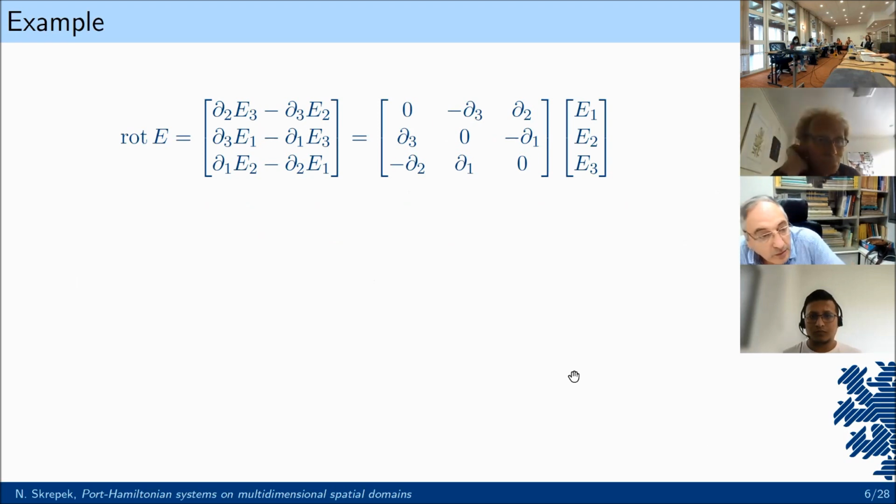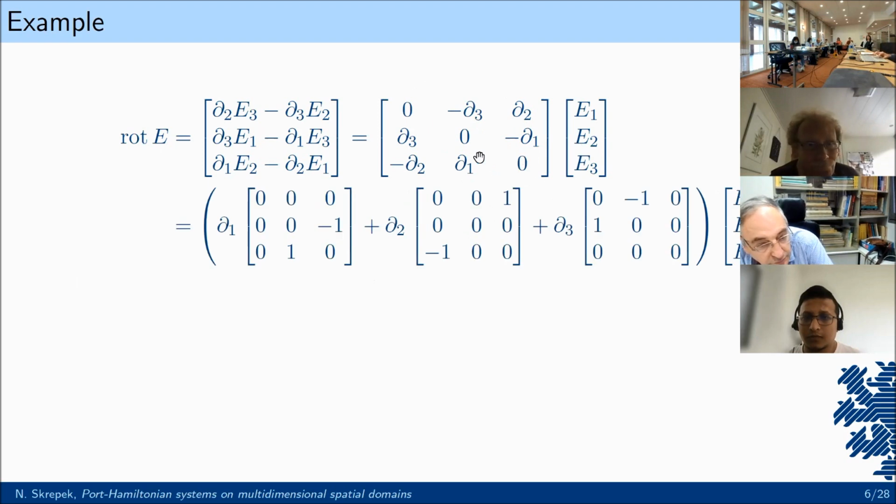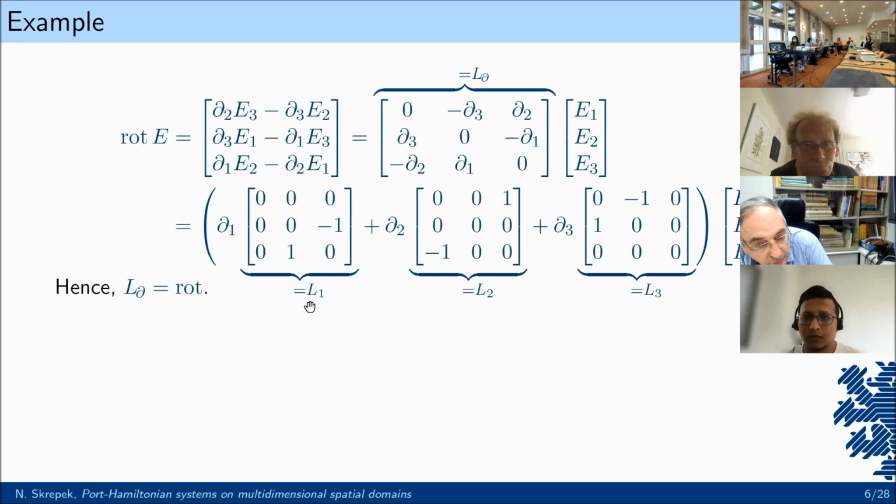It's not only from a mathematical view interesting to play with this class of differential equations, there are also relevant physical examples. If we take, for example, the rotational operator, we can write the rotational operator as a matrix vector product. And we can expand this matrix, and then we can see we have an L1, an L2, and an L3.